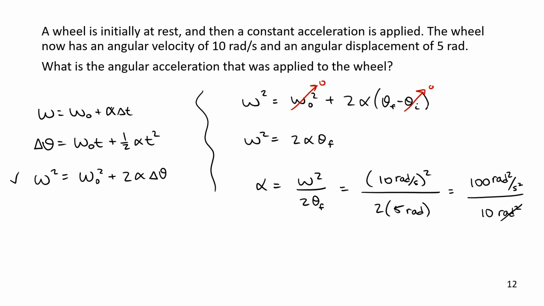So the radians squared cancel. What we're left with is just 10. Let's go down here. 10, I'm going to say revolutions per second per second squared. I believe that's what this is. I believe so, yeah.